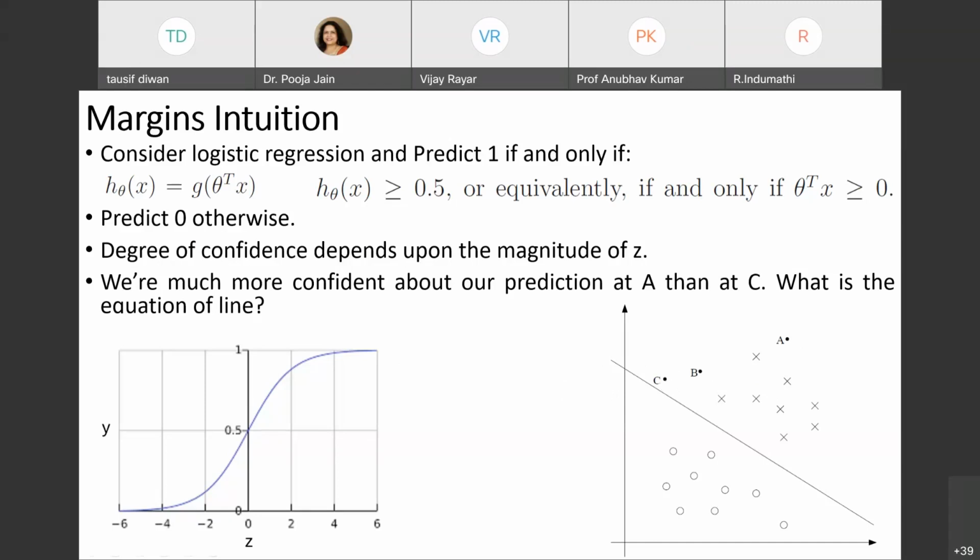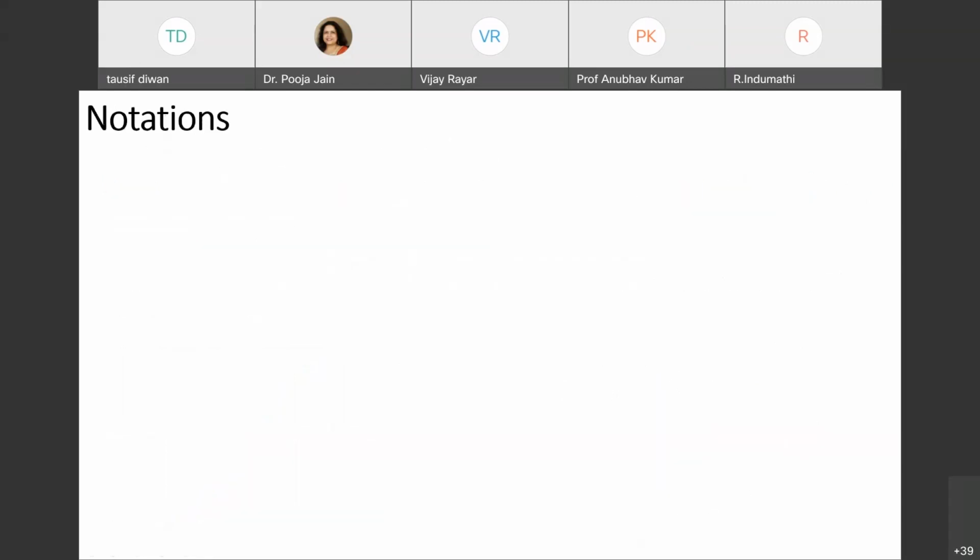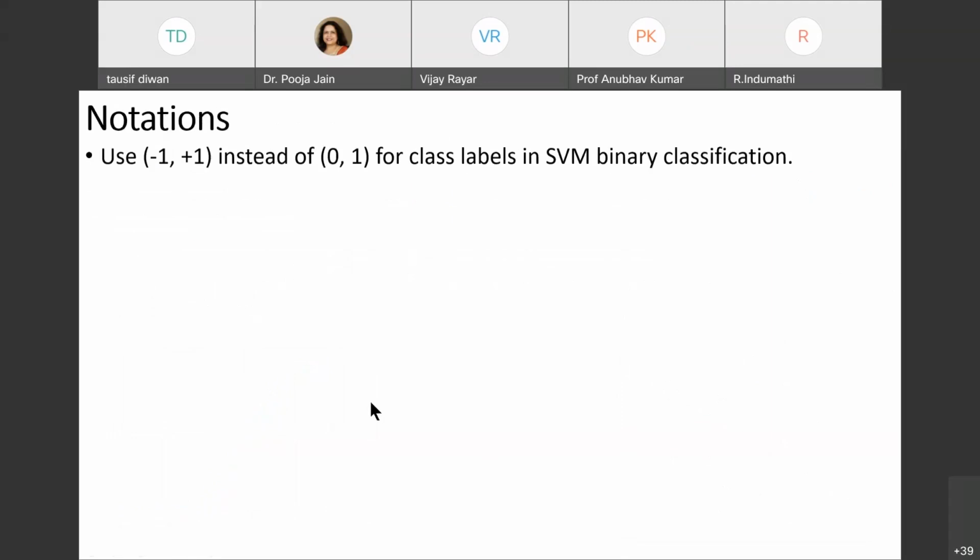So this was the overall intuition about the margin, and after that we will see the notation that we are going to use in SVM. Previously, in binary classification, we used label 0 and label 1. But in SVM, we will use -1 for label 0 and +1 for label 1.